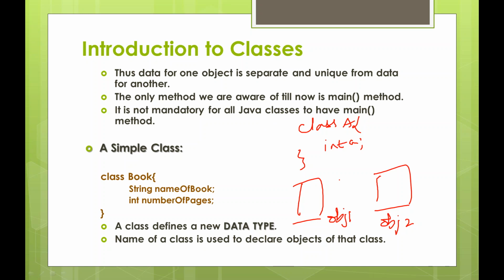Pawan is asking a question. What is the difference between object and variable? Yes, Pawan, I'll come to your point. We will see that one. Let me continue with this discussion. So this is a class.